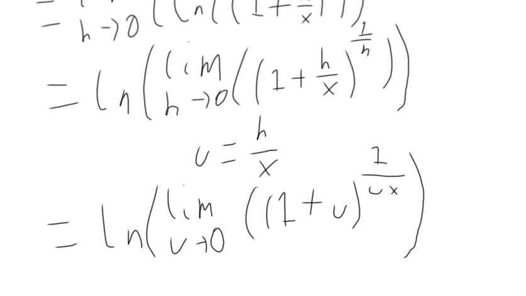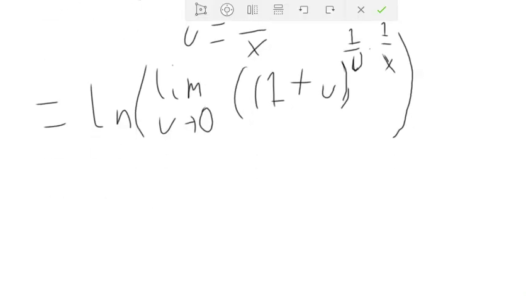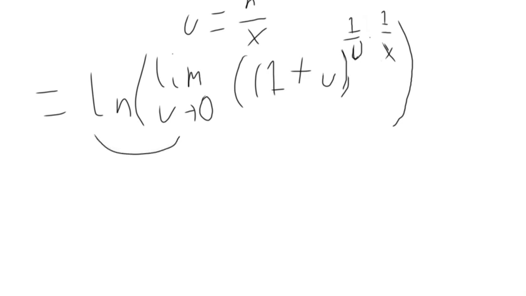And in fact, perhaps I'll write this 1 over ux slightly differently. I'll write it as 1 over u times 1 over x. And now I'm going to, once again, switch the order of natural log and limit, so I can use a log property here.